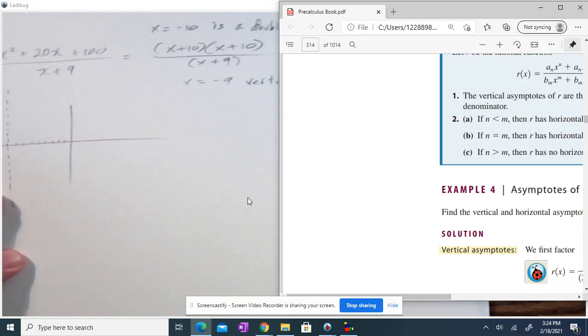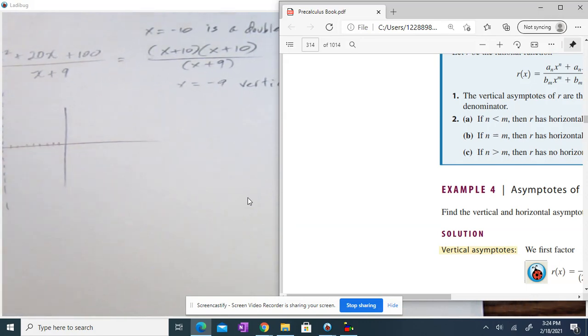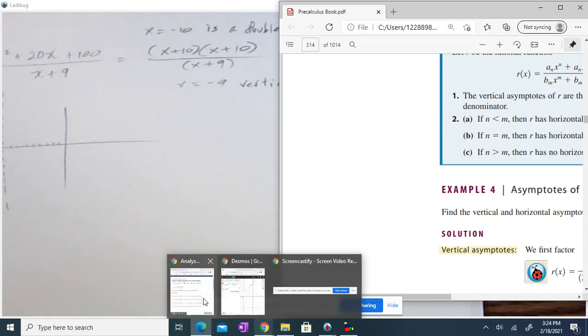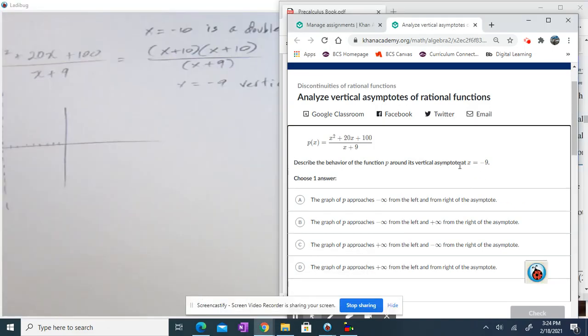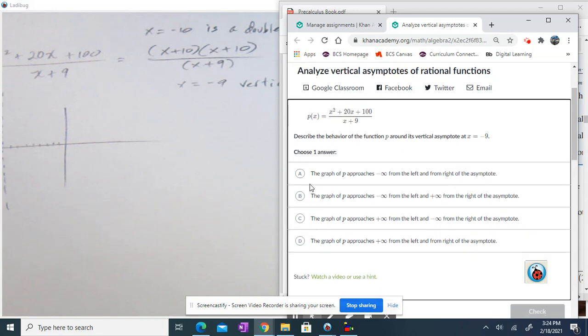Now, the question on Khan Academy is asking, what's going to happen around -9? So describe the behavior of the function p around its vertical asymptote, x equals -9. So here are the choices.